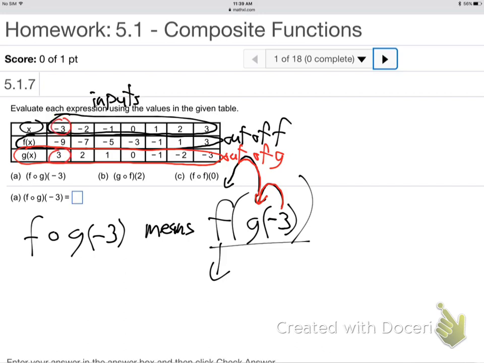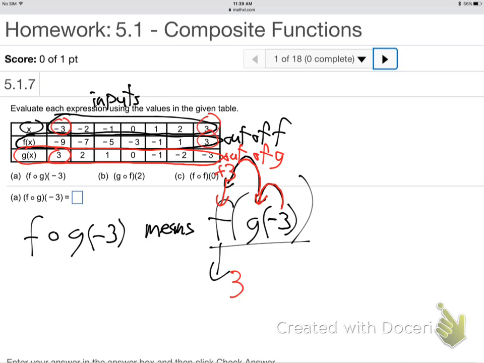A +3 pops out, like the toast pops out of the toaster, but now that +3 is going into the outer machine, the refrigerator, so that +3 is going into the F. Now when you put +3, what came out of G, into F, you also get out +3. So +3 is the answer to part A. I took that -3, put it into G, what came out was +3, put it into F, came out another +3. Does that make sense?